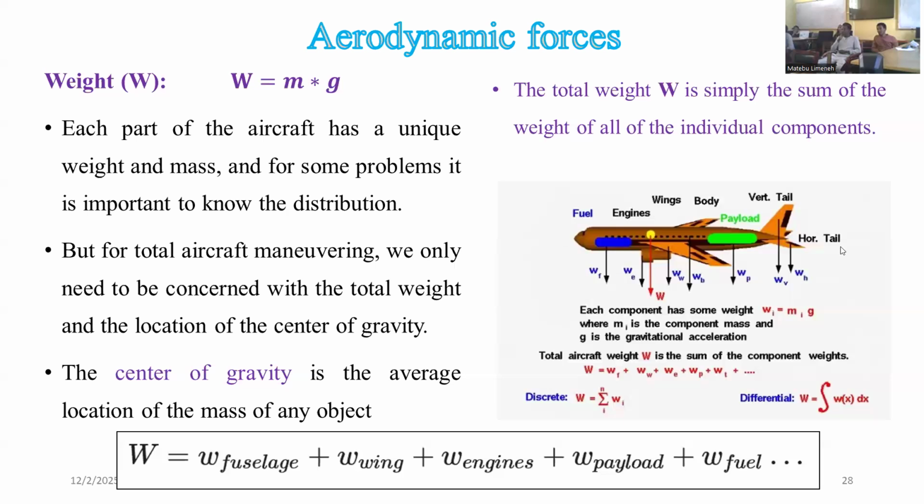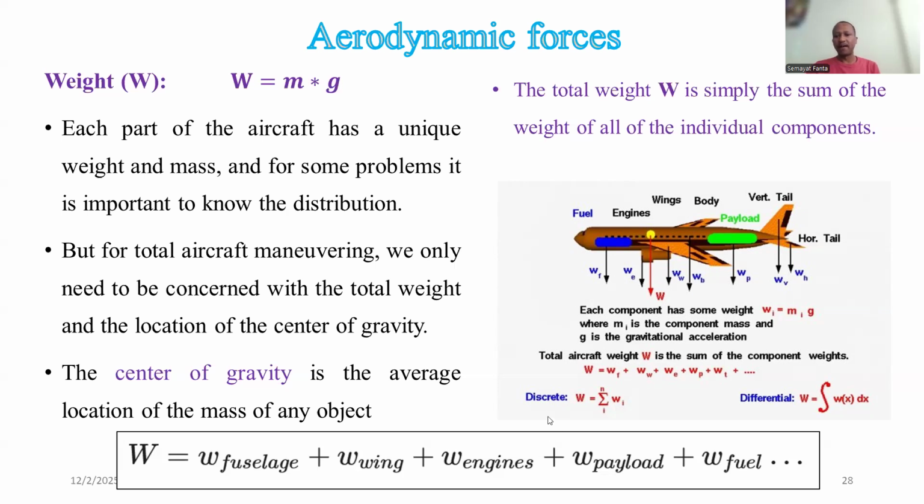For example, for this aircraft, you can see fuel weight, engine weight, wing weight, body weight, payload, vertical tail, horizontal tail, and so on. Also there is the undercarriage, which includes the landing gears, the tires, the axles, and different undercarriage components. All these are summed up, and the total resultant will be balanced. Using the weight and balance method, we can find the center of gravity.